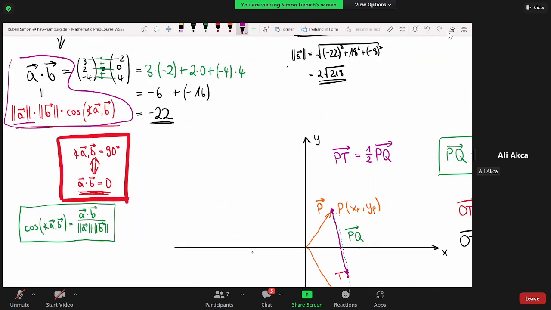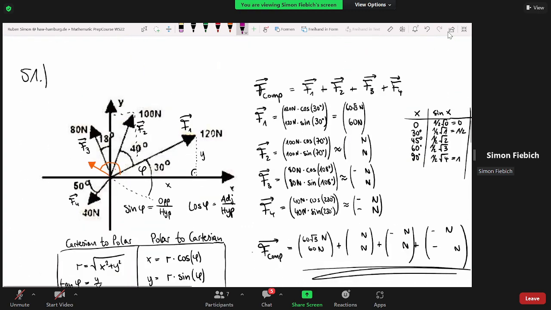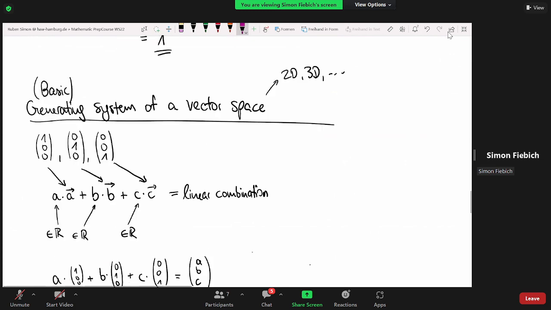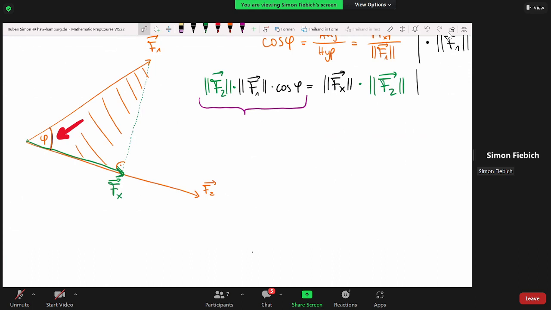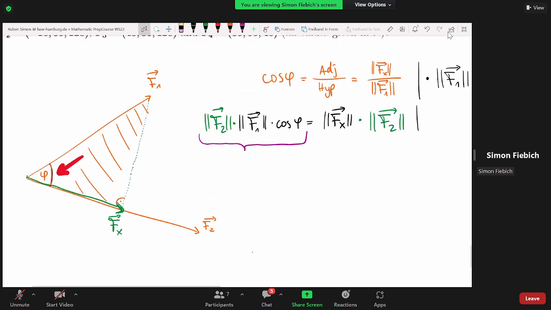The magnitude of vector A times the magnitude of vector B times the cosine of the angle between these two vectors. That's exactly the same thing that we are facing right now. So you have the magnitude of F2 times the magnitude of F1 times the cosine of phi, which is exactly the angle between F1 and F2. It is the angle between Fx and F1, but it's also the angle between F1 and F2. So we can now say that this is equal to the scalar product of F1 and F2.